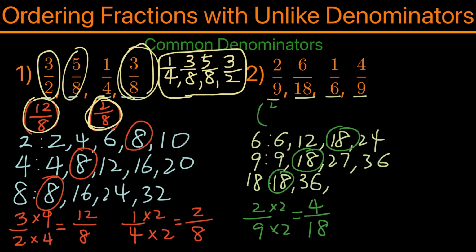So we'll mark it as 4 over 18 underneath. The next one, 6 over 18, already has 18 as denominator, so we'll do nothing there. The third number, 1 over 6, we need to times by 3 to get to 18, and then the numerator by 3 as well. So then we have 3 over 18.